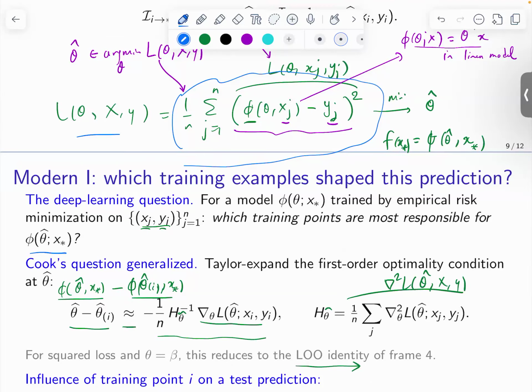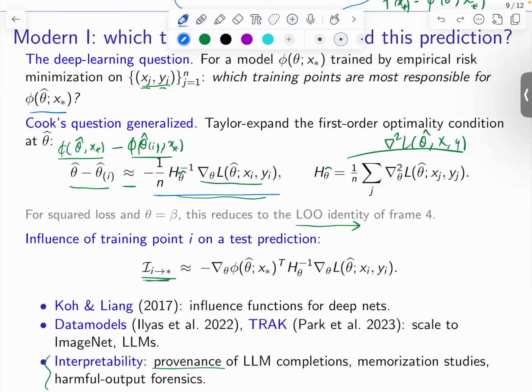And moreover, if you look at phi hat x star minus phi hat I x star, this is how much the prediction changes for that particular data point. You could do a little Taylor expansion again.